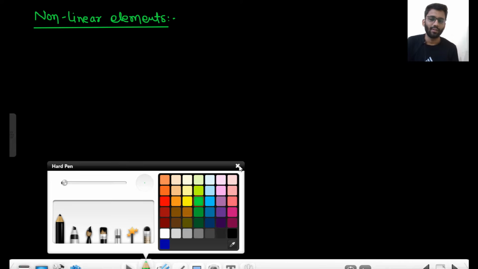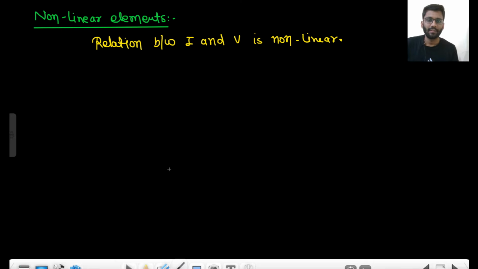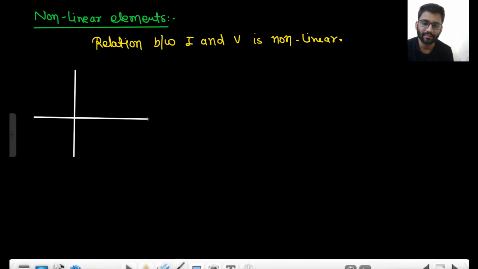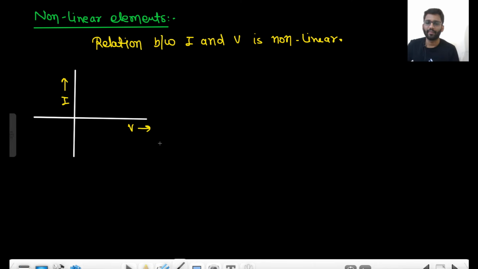Now moving on to the non-linear elements. In non-linear elements, what do you think will happen to the VI or IV characteristics? I will write it down after pausing the video. So basically in this case, the relationship between I and V is non-linear. Let's just make a graph. Let's call it I and V. Any arbitrary graph we are making. I'm making the graph something like this. If V is increasing in the positive direction, the current is also increasing in the positive direction.